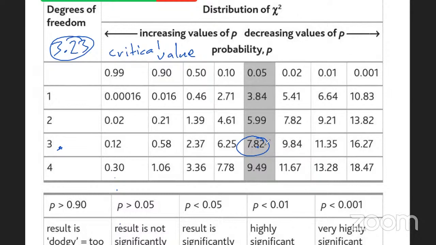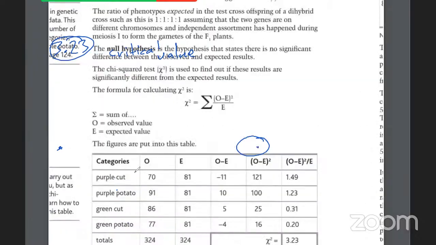If it exceeds, yeah. The degree of freedom is the number of categories, so it's n minus 1, where the number of categories is 4.